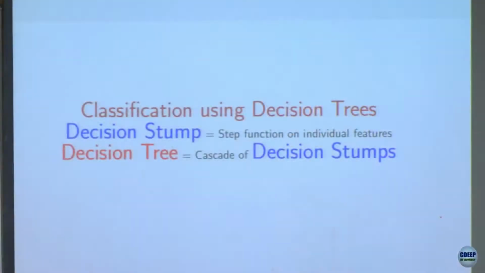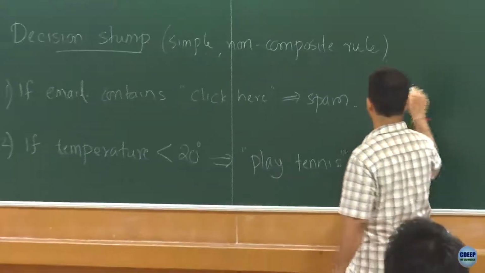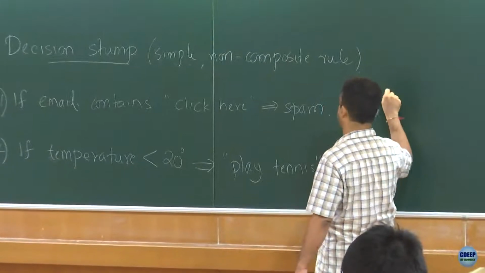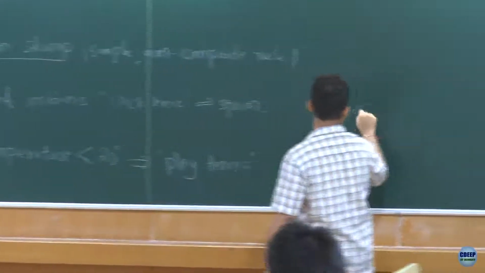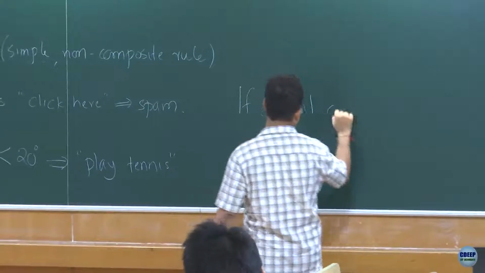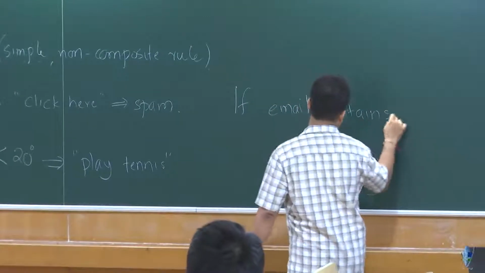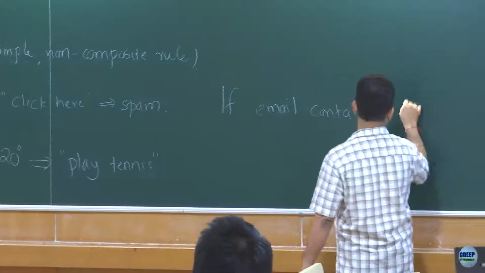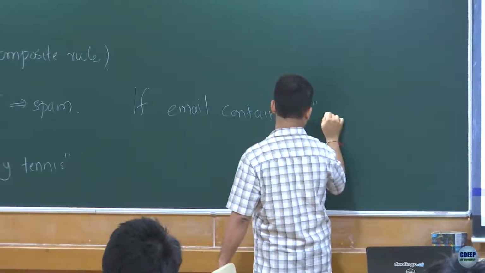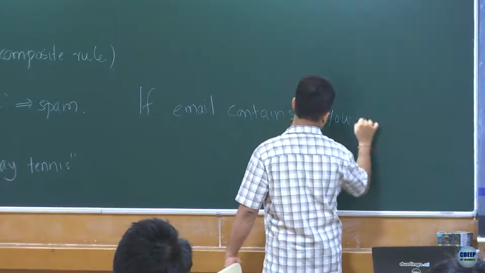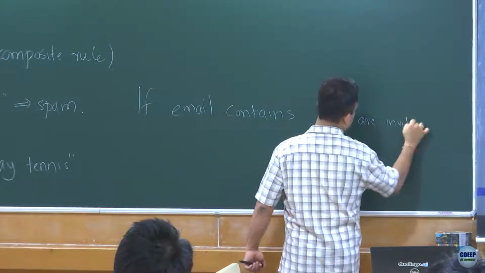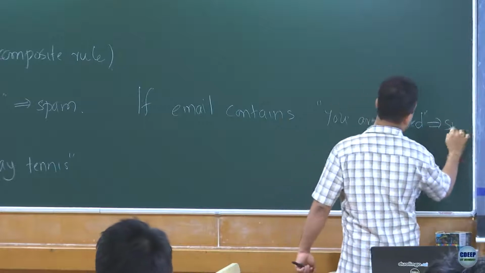Those are decision stumps on individual features. And you could think of the decision tree as a cascade of decision stumps. For the first example, we can say if the email contains "click here" it is spam, and let's say there's another decision stump saying if the email contains "you are invited", so another feature, again this might be indicative of spam.